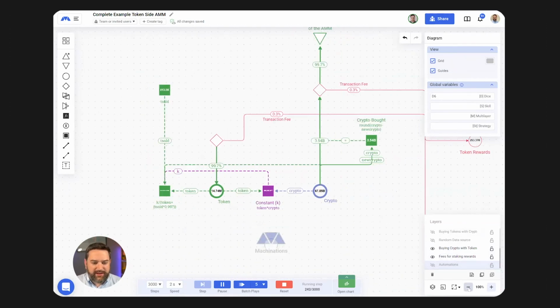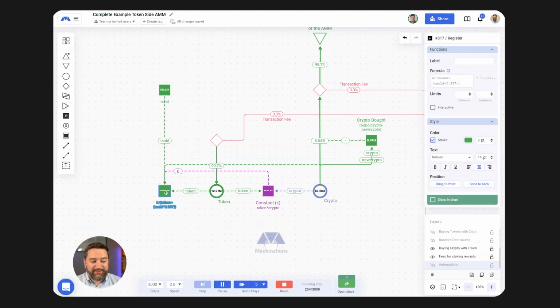Now, we walked through the construction of this side a moment ago. One of the things that we've added in for this is obviously the amount of tokens that are now coming in being modified. So we're taking out that 0.3%. So in our registers here, we've taken that into account.